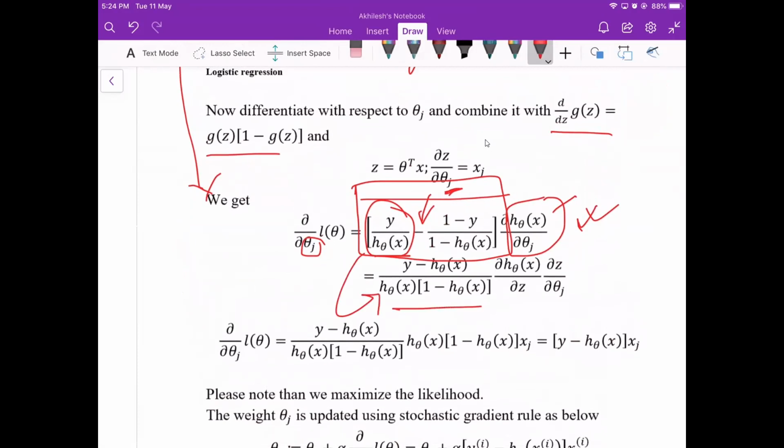Here we have del h theta upon del theta. So let's multiply both sides by del z.